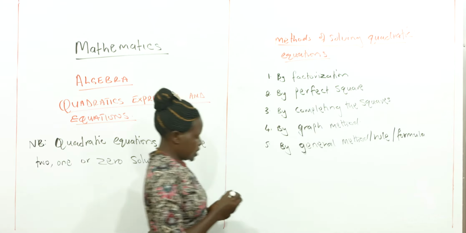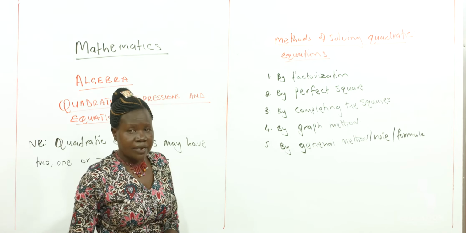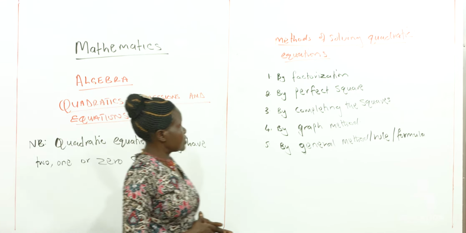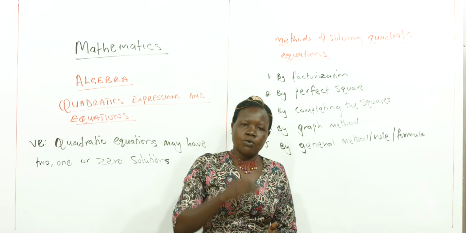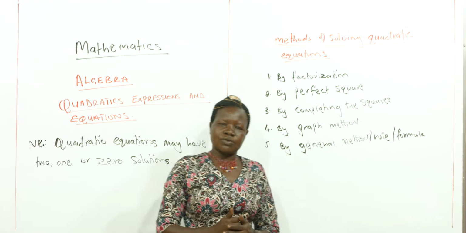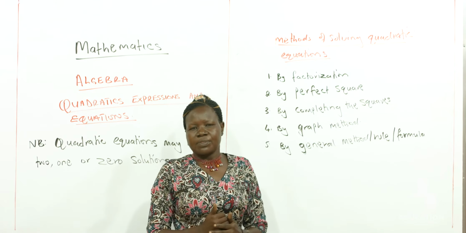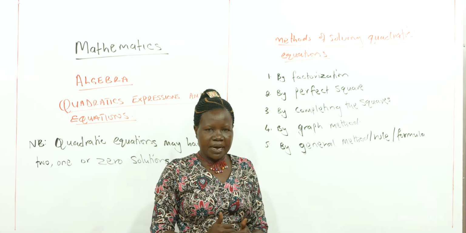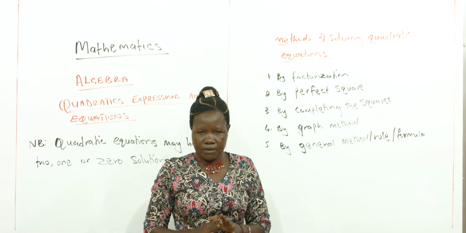So, dear learners, those are the methods that we use for handling or solving quadratic equations. The first one is by factorization. What does it mean? You factorize. Factorizing comes from the word factor. So you begin to break that number up to the level where it can no longer be broken.